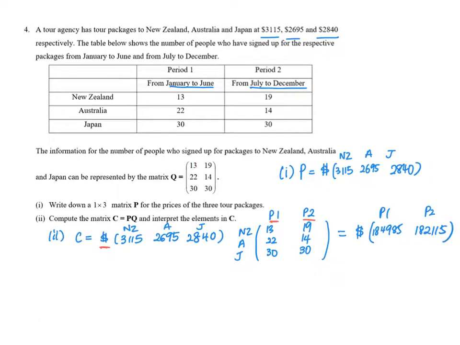And this will be the answer. Now interpret the elements in C. The elements in C, we know, are talking about the total amount of money earned because it's the price times the quantity. So it's actually the total earnings earned by the tour agency in period 1 and period 2 respectively.